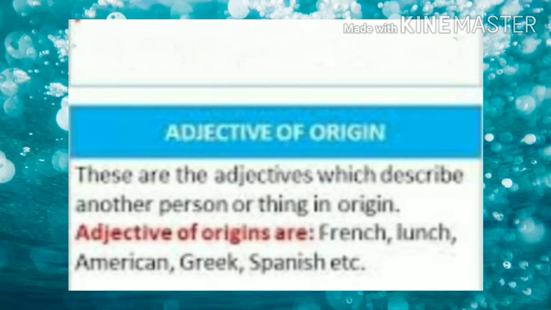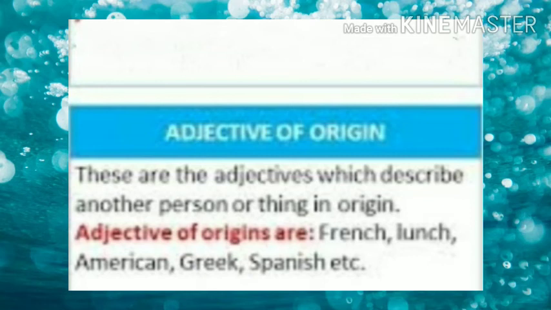Origin means the place from where they belong. For example, a Frenchman, French object, American, Greek, Spanish. Like that, they refer to the place of origin.